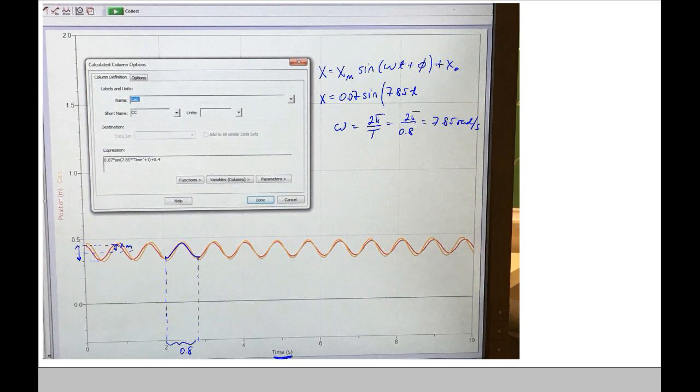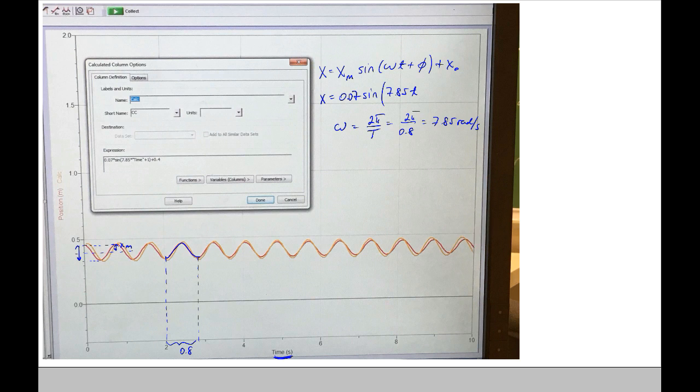Now a more accurate way of figuring out the period is by counting the number of periods here and seeing how long it takes for that number of periods. So let's start here. That's 1, 2, 3, 4, 5, 6, 7, 8, 9, 10, 11, 12 and a half.